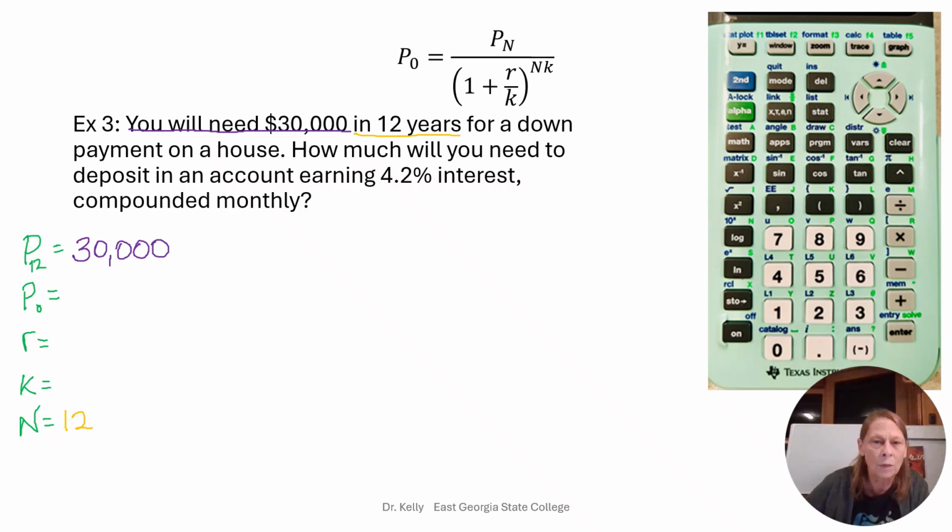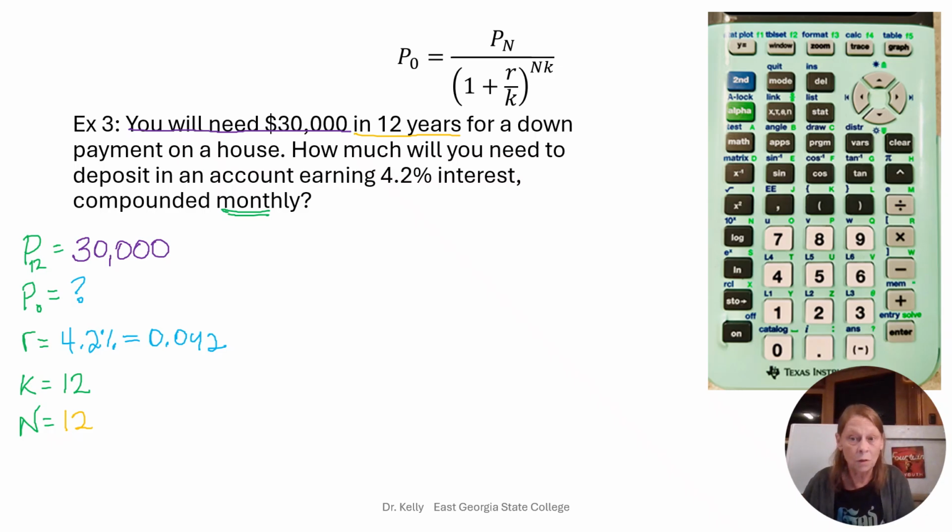How much will you need to deposit in an account earning 4.2% interest? Remember that's 0.042. Compounded monthly. I know we got 12 months and 12 years. It's okay though.